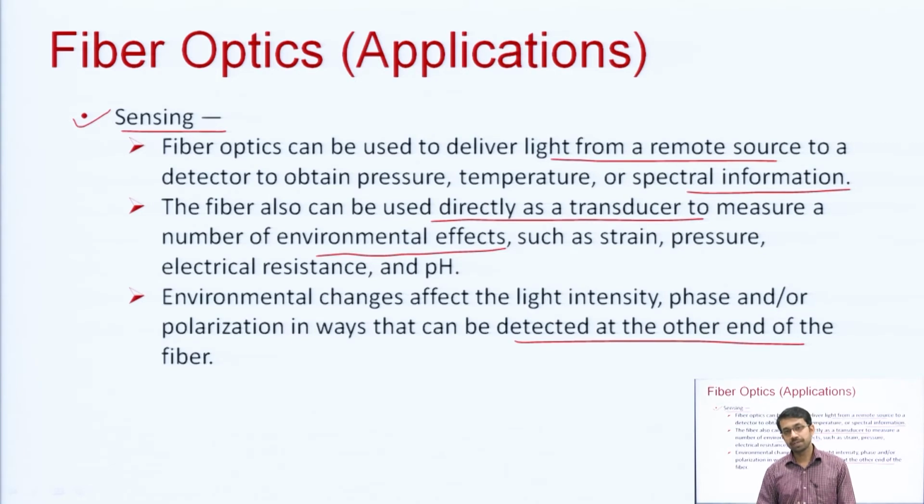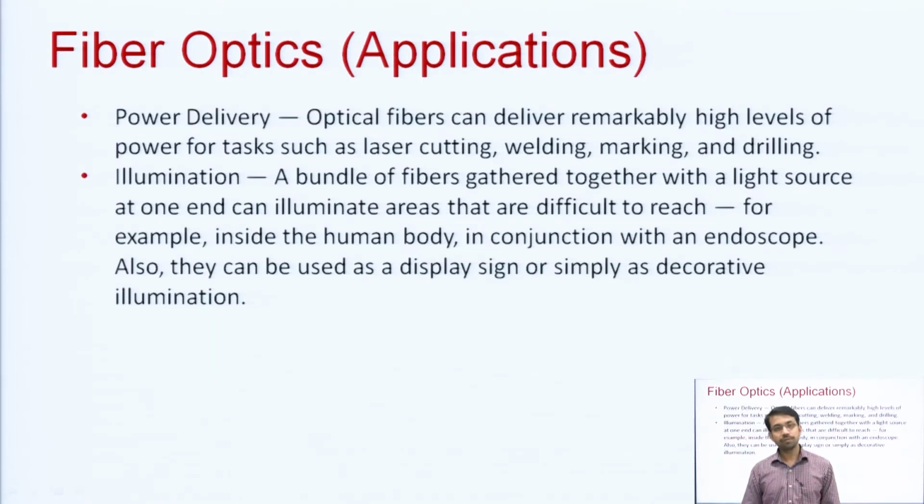These parameters can affect the intensity, phase, polarization of the light, and when we can record that change at the receiving end, in this way we can use this fiber as a sensor. We shall discuss optical fiber sensors in detail after we discuss the basics of optical fibers.